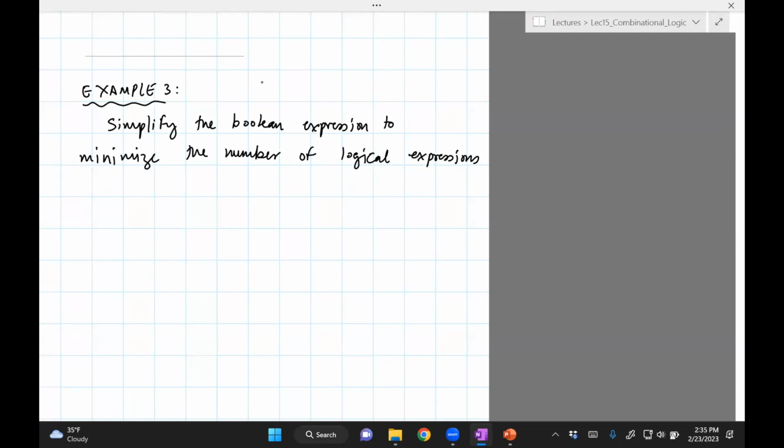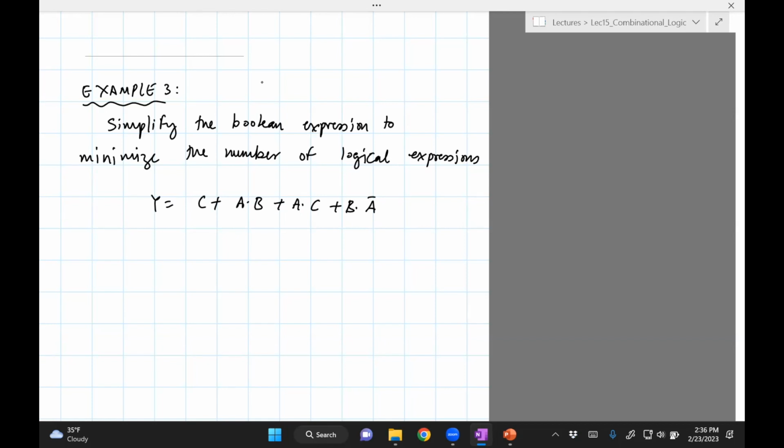I'll tell you what I mean by that. So let's say that your output Y is C plus A dot B plus A dot C plus B dot A complement. So you have three inputs, A, B, and C.